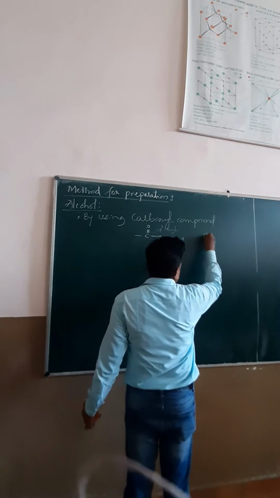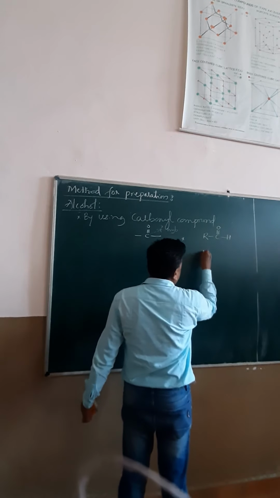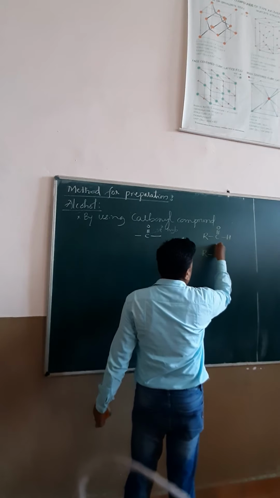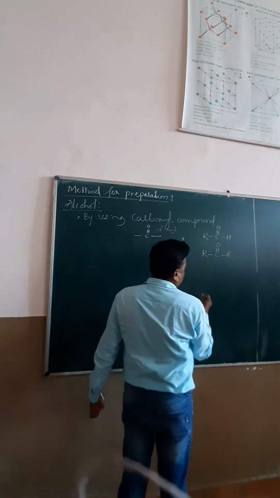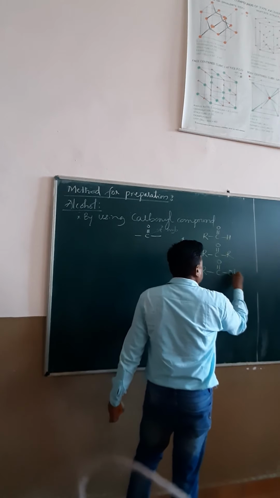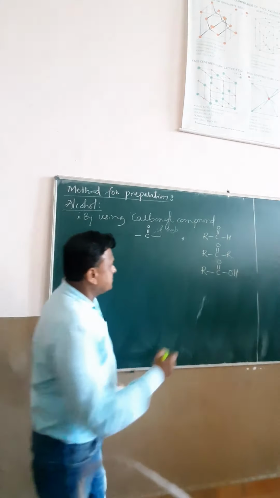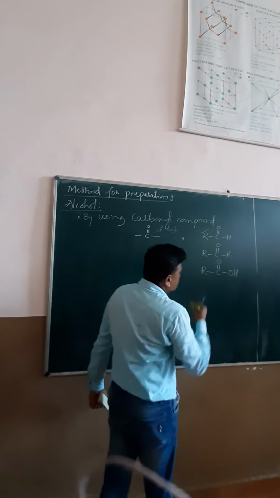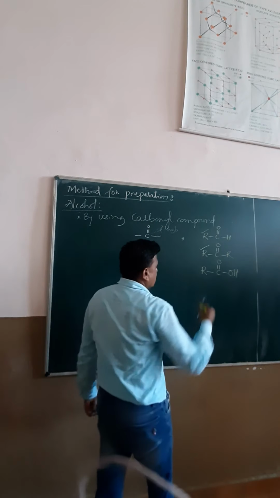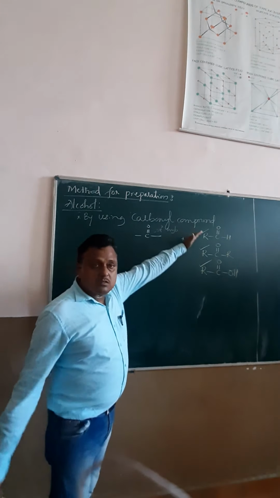One is RCHO, an aldehyde. RC double bond O R is a ketone, and RC double bond OH is a carboxylic acid. These are the three carbonyl compounds: one aldehyde, another ketone, and another carboxylic acids.